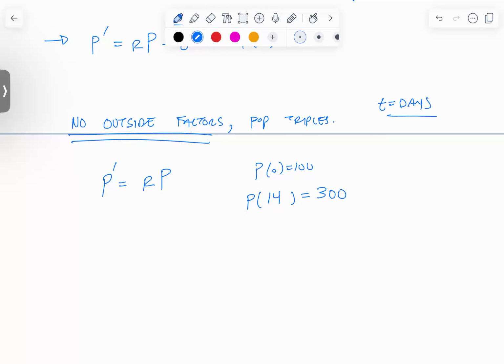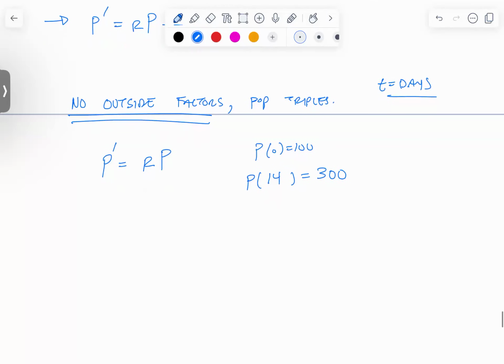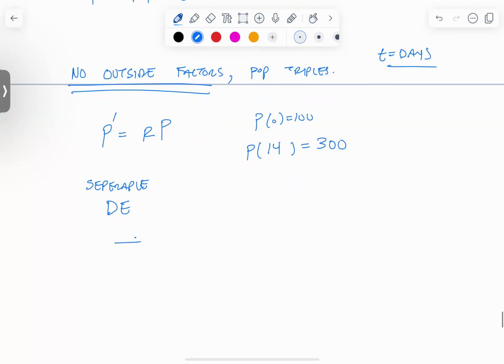Once you have that set up, again, this is a separable equation, because what I need to actually find here is R. And here's the coolest part about this one. This separable differential equation results in this.